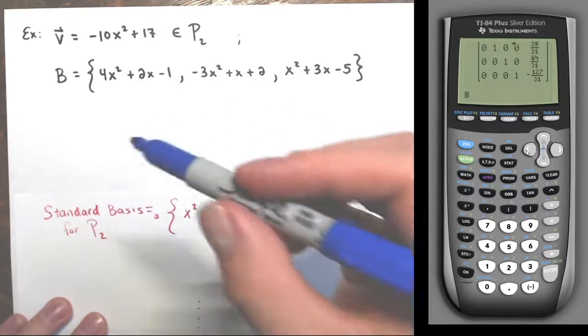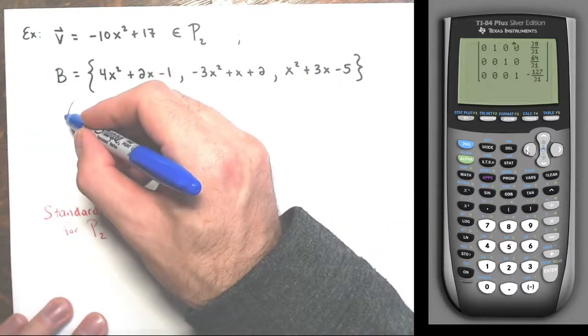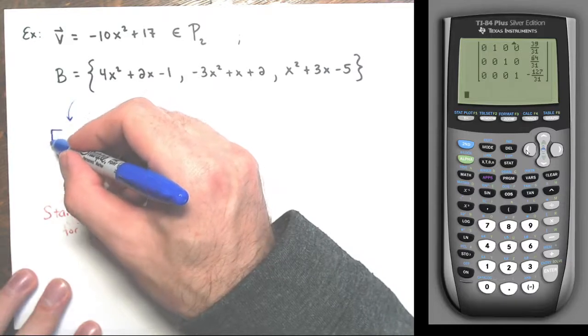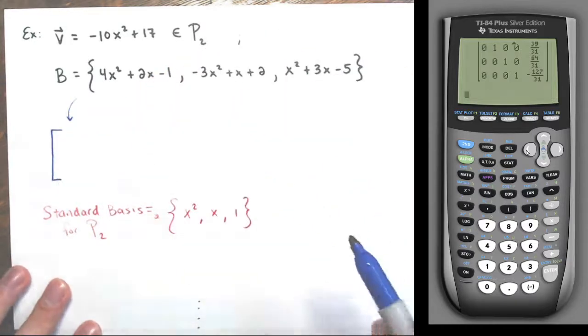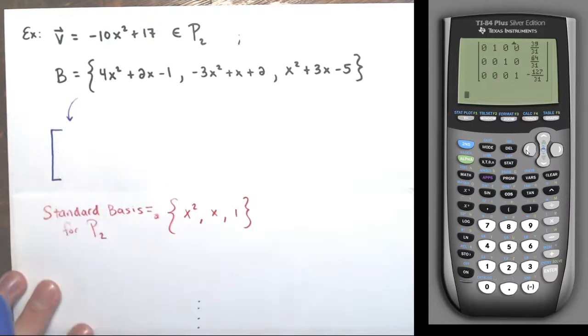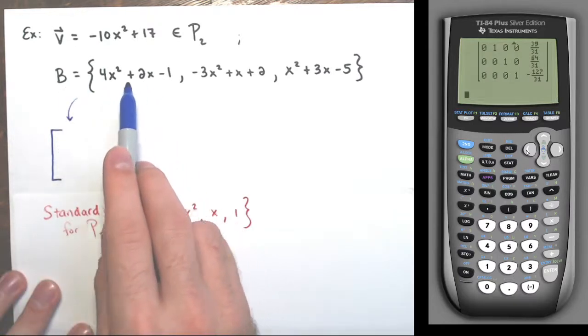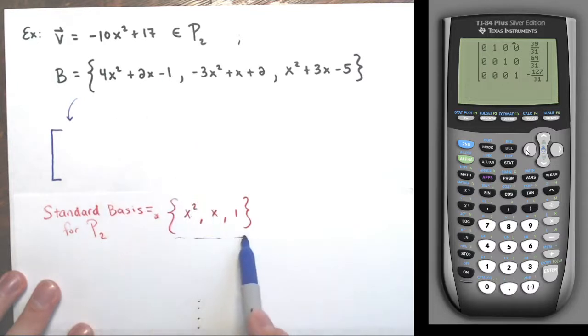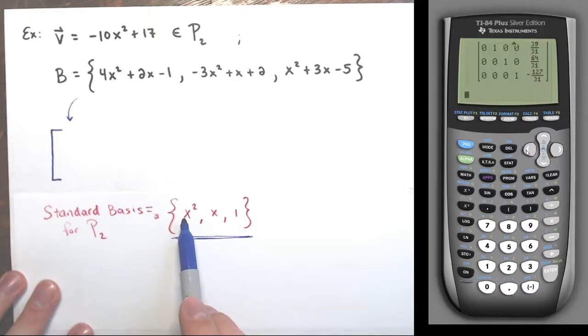All right. So what's going to happen is I'll jump right to that matrix equation where the coefficient matrix, down the first column, will be the coordinates of this with respect to the standard basis. Make sure you go in this order. If I went the other order, 1, x, x squared, it would just be the other way around.